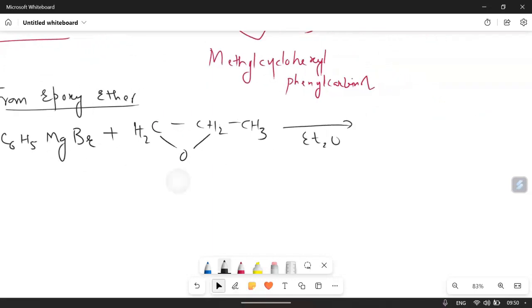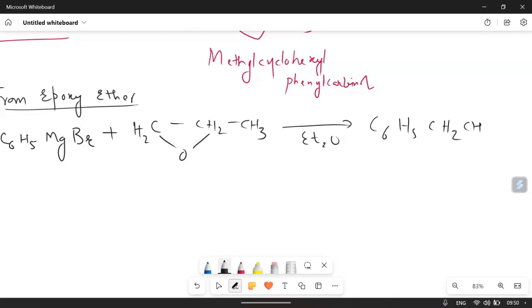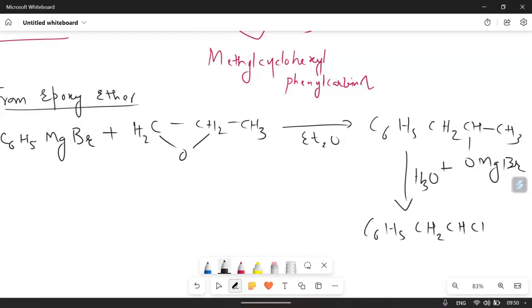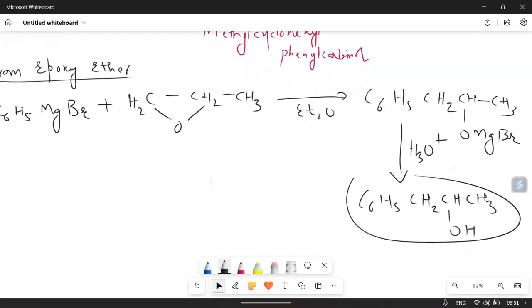This is the intermediate, which is C6H5 CH2CH2 OMgBr. Further hydrolysis will give C6H5 CH2CH2OH. So this is the final product.